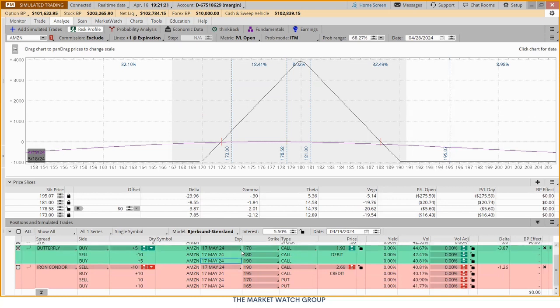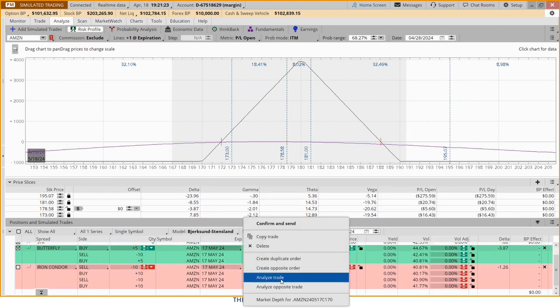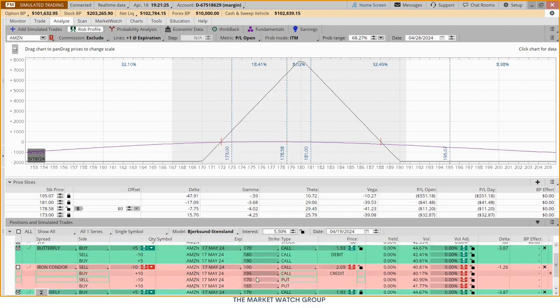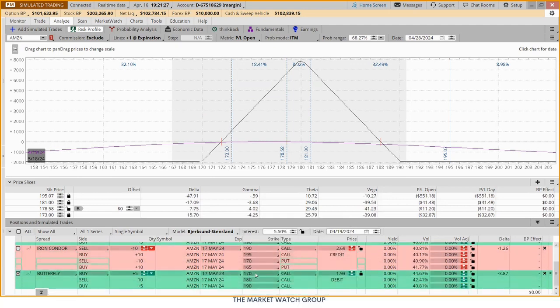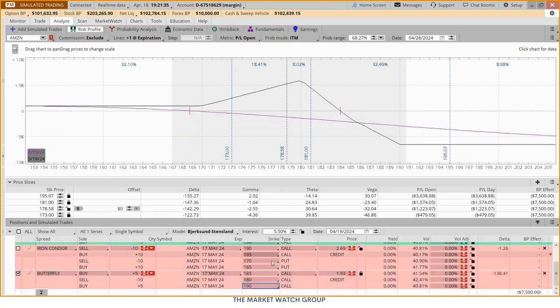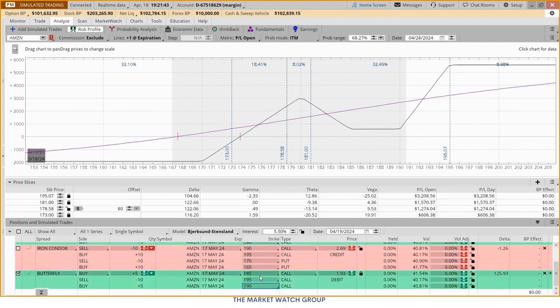But if the volatility is still high, I could actually analyze this trade and move everything up 15 points, let's say. Let's go 185, 195, 205.